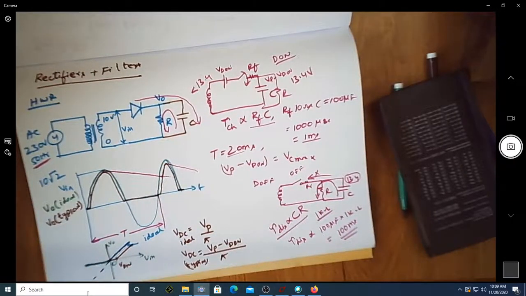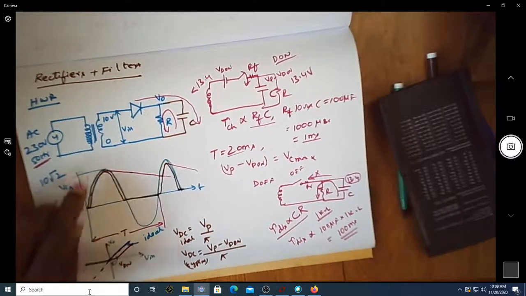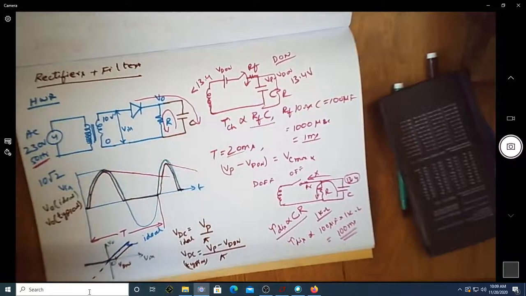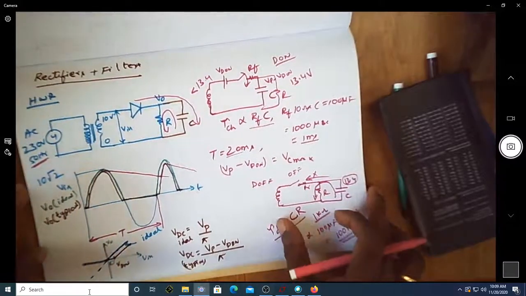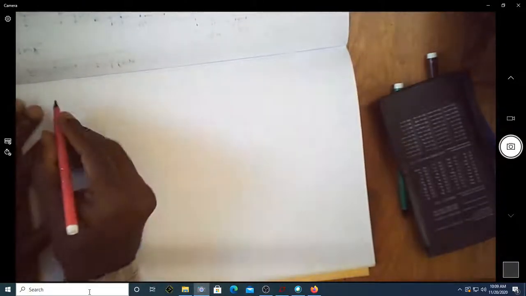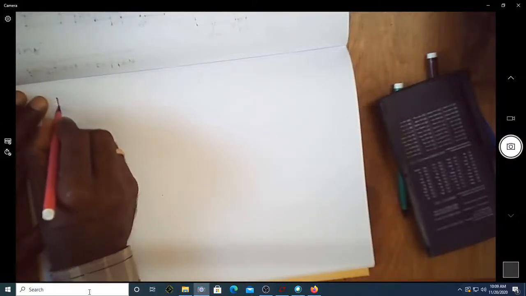Now let us try to understand what voltage the capacitor will take at this point and this point. Let us quantify that. For that, let us take a complete detailed waveform. Let me redraw it.